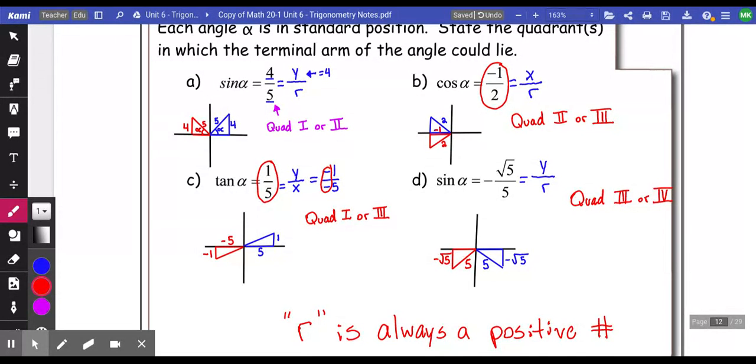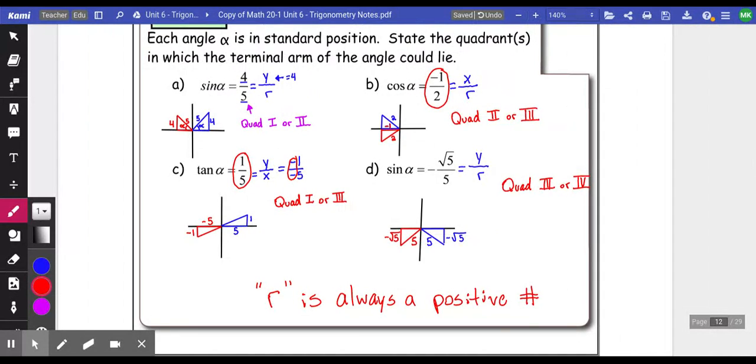R represents the distance from the origin to the end of the line. Distances are always going to be positive for us. The x and the y values represent moving left or right or up or down, which is why they can have negative values, because negative means left or down.